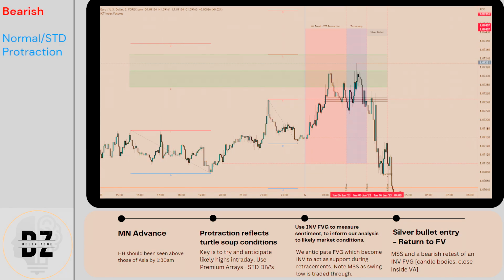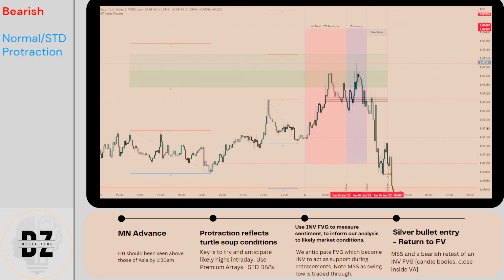In the bearish normal protraction profile, given that we have significantly consolidated central bank dealers range and Asian range, we can project standard deviations of these ranges, and given supporting confluences and the relevant context, use them to infer likely protraction targets. The protraction stage in this example reflects turtle soup conditions as price moves above an old high.